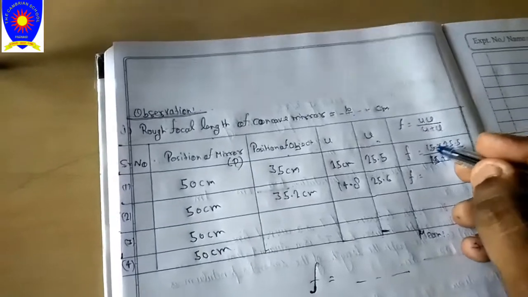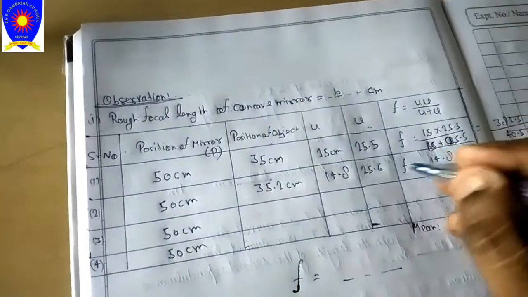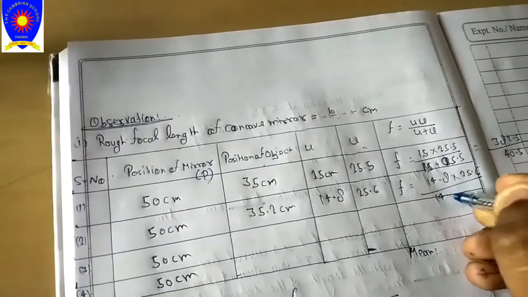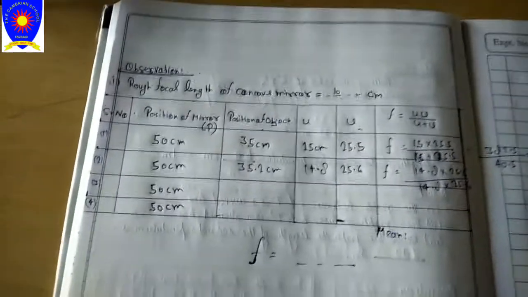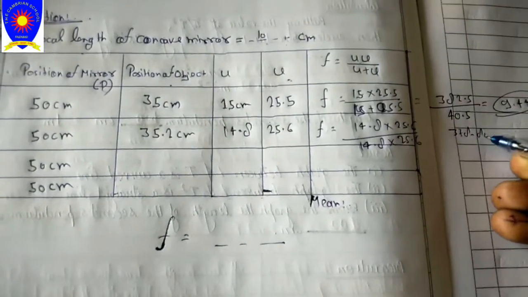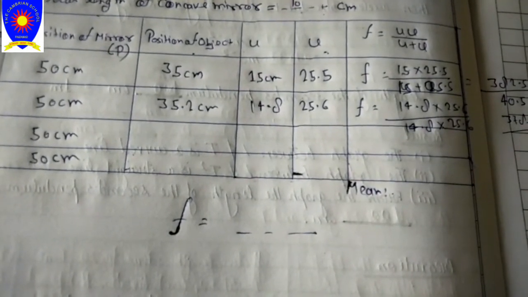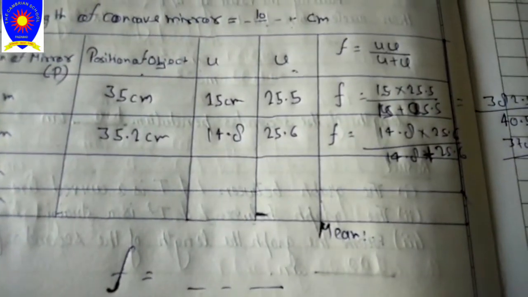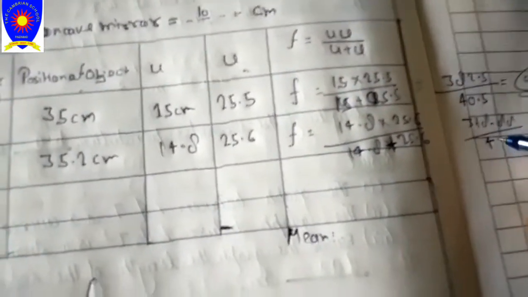Now find F again. So F is equal to U times V upon U plus V. U is 14.8 and V is 25.6. So 14.8 into 25.6, the value is 378.88. Now divide it by 14.8 plus 25.6, because this is U plus V. So you will get 40.4.